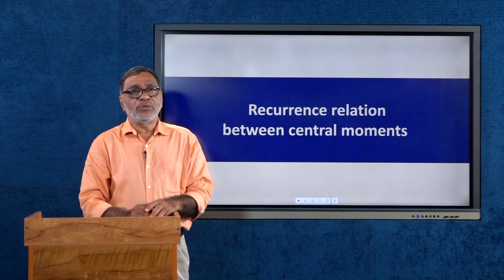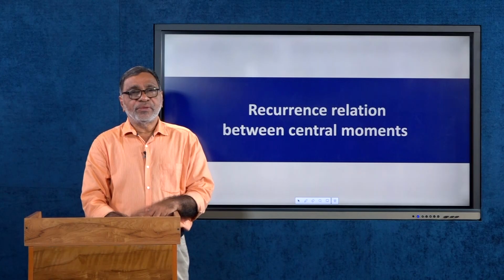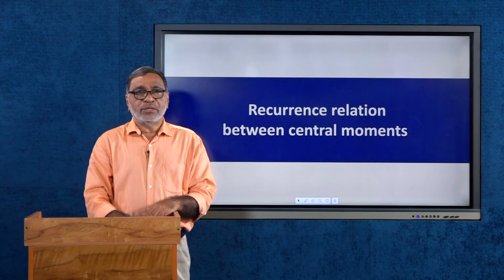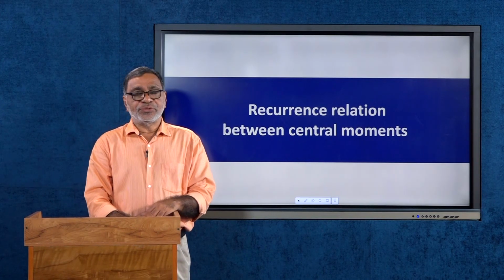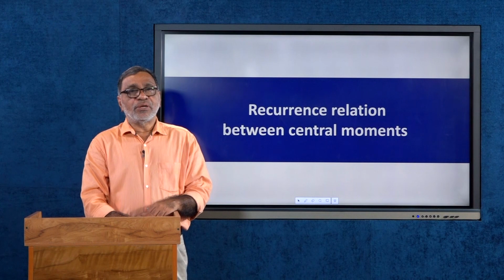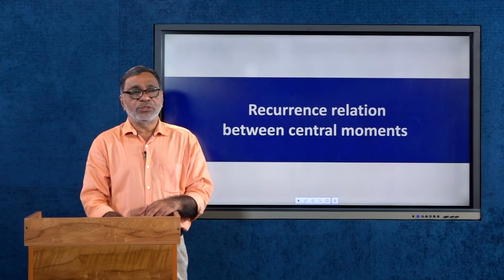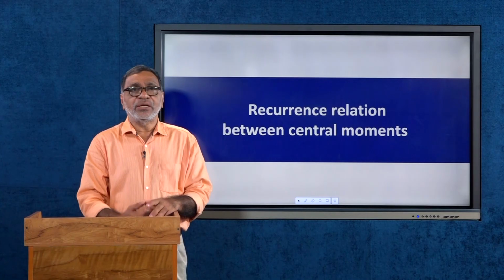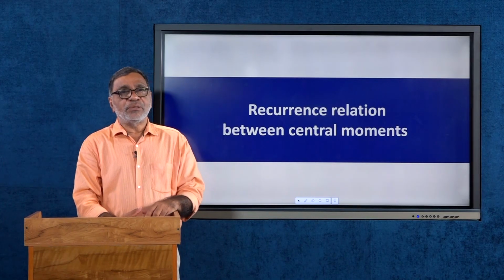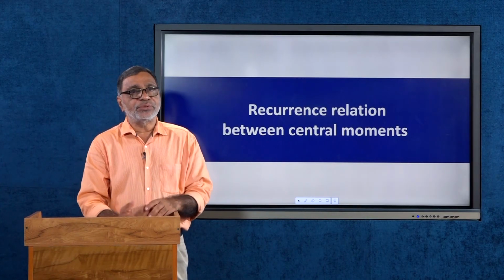And here we are going to derive a recurrence relation that will help us find any order central moments for the binomial distribution. Using the recurrence relation between central moments, we can find any order central moments, and hence we can find the measure of skewness and measure of kurtosis, etc.